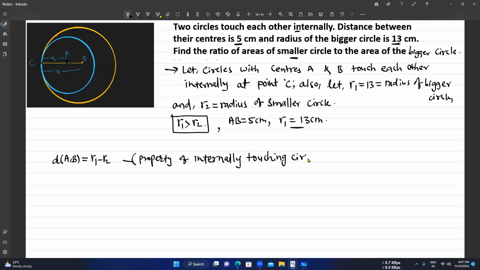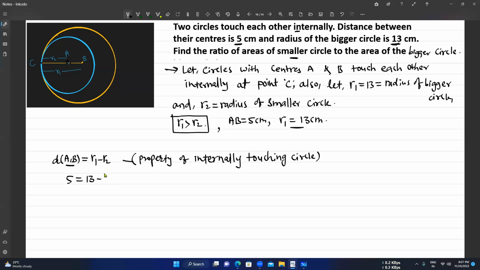Okay. Now just replace the values. Since we have the distance between the centers, that is AB, equal to 5 centimeter, we'll replace this with 5, and R1, the radius of the bigger circle, is 13 centimeter, so we will replace R1 with 13.